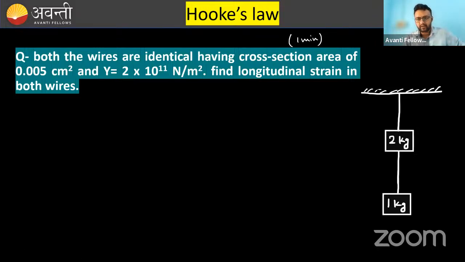What's in the question? Again, there is the same ceiling, and the question says both the wires are identical. That means one wire is this and another wire is this. This is wire 1, this is wire 2, and both these wires are identical.